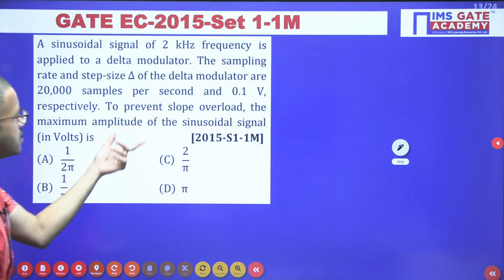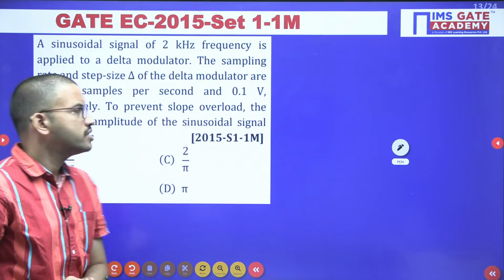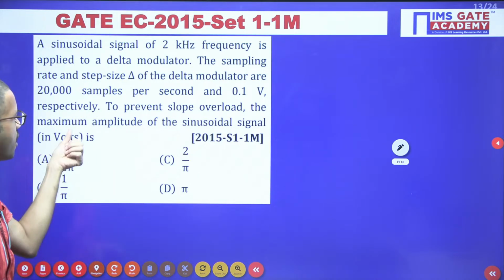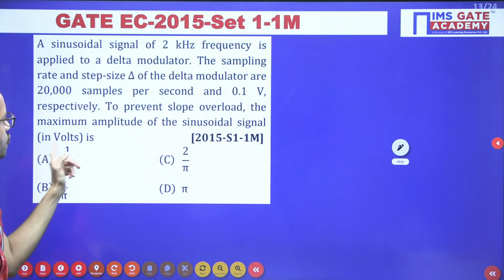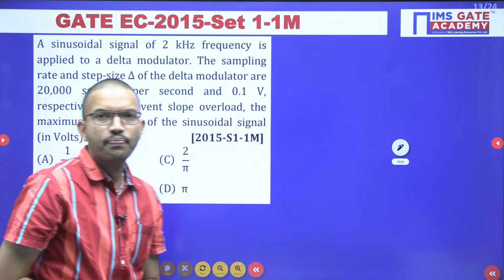Now the question is, to prevent slope overload, the maximum amplitude of the sinusoidal signal in volts is dash. That is the question.